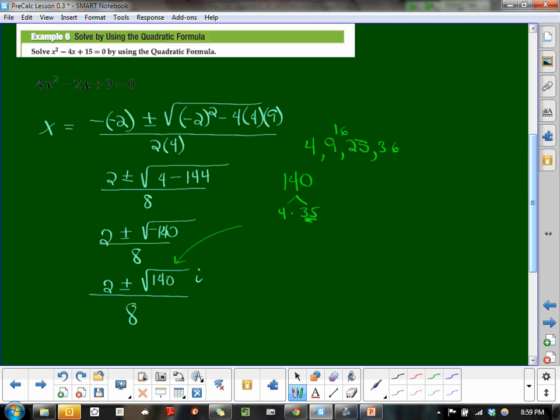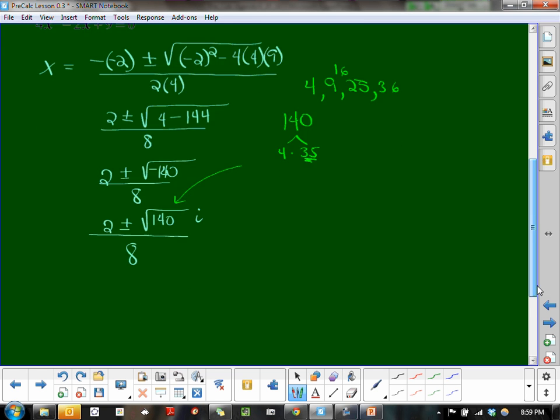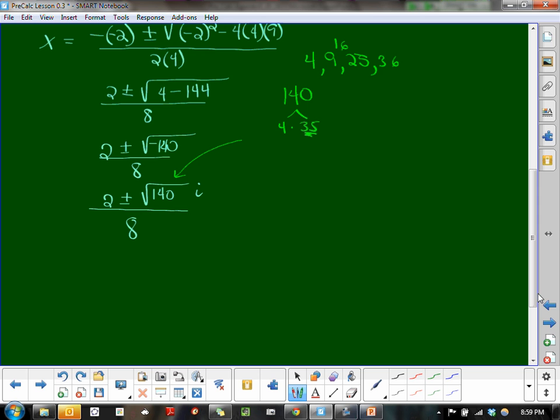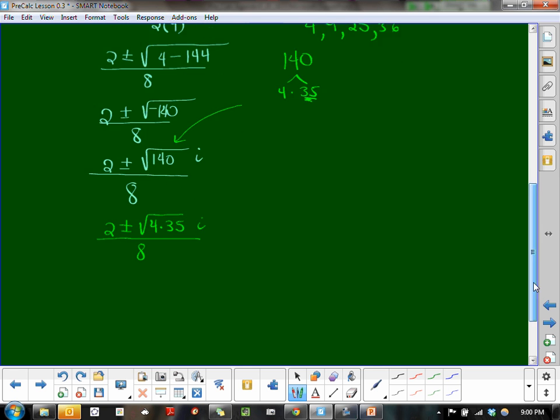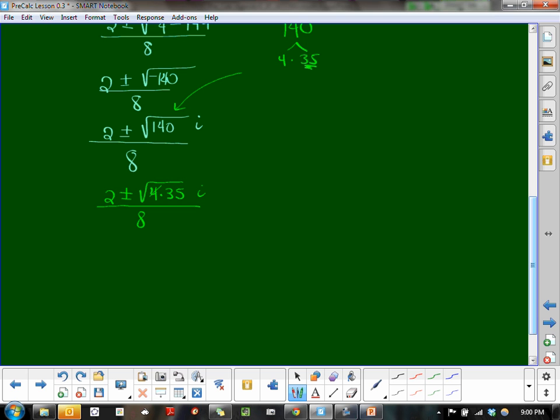So I want to rewrite this radical of the square root of 140 as 2 plus or minus the square root of 4 times 35 times i, over 8. But the square root of 4 can be rewritten, so I'm going to simplify the square root of 4 by putting a 2. So it's going to be 2 plus or minus 2 times the square root of 35i all over 8.